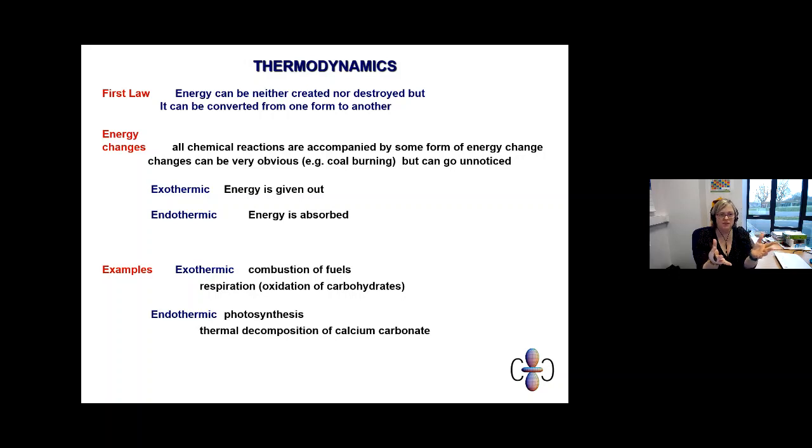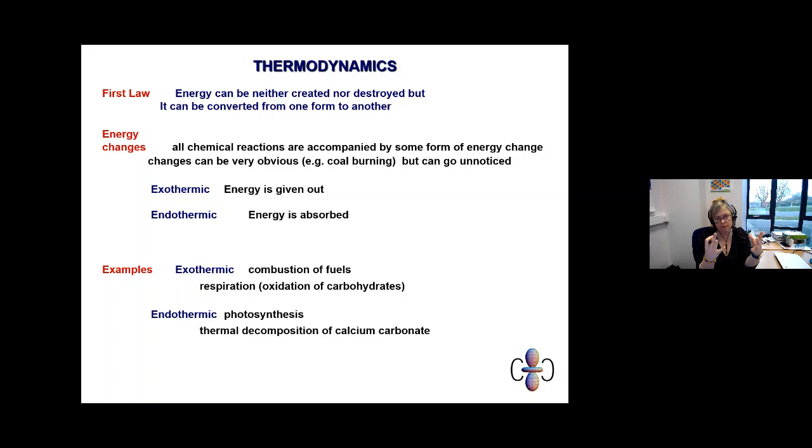So energy changes: all chemical reactions are accompanied by some form of energy change. Some are really obvious, smack in your face obvious, and some are a bit more discreet and can potentially therefore go unnoticed, but that doesn't mean that those changes aren't taking place. So you've got exothermic, as I said in the earlier slide, energy is given out.